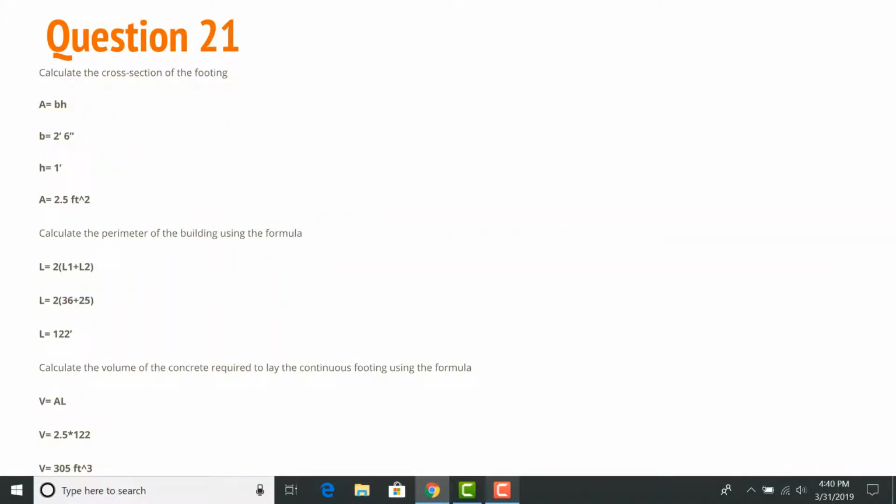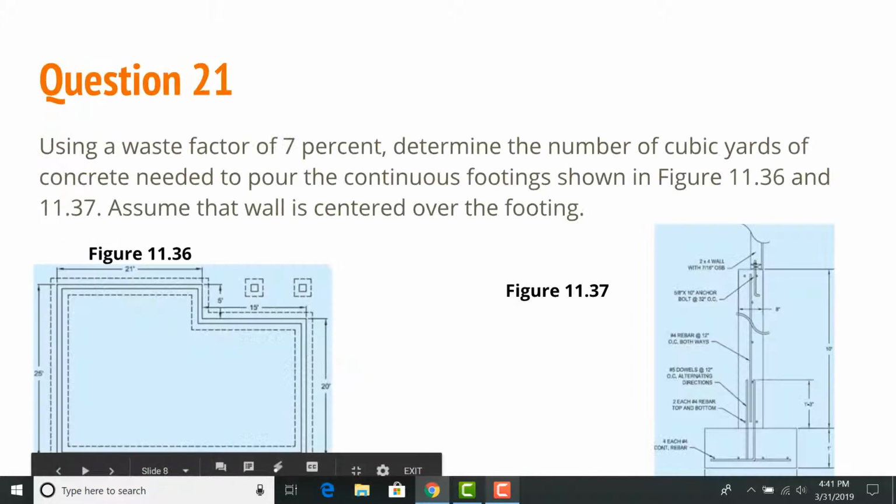The base was 2 feet 6 inches and the height was 1 foot. So multiply those and you get 2.5 feet squared. And then you calculate the perimeter of the building using the formula. I use this formula right here, which is the perimeter of the building is equal to 2 times length 1 plus length 2, because you want to account for all the area around the building.